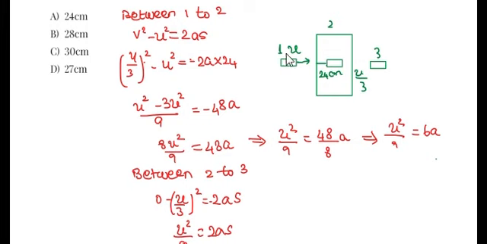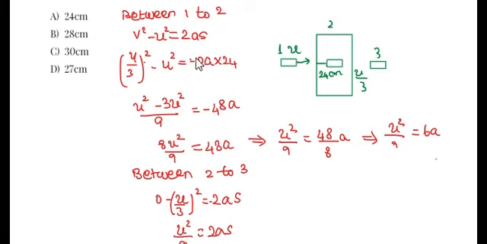Between case 1 and 2, the initial velocity is u, the final velocity is u/3, and the displacement is 24. Here v² − u² = 2as. It relates the final velocity, initial velocity and the displacement.